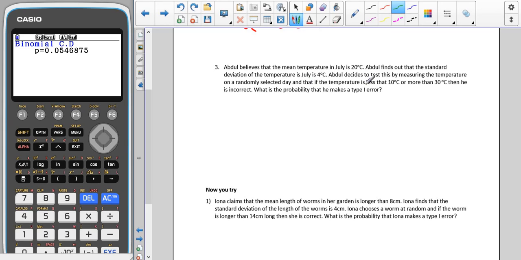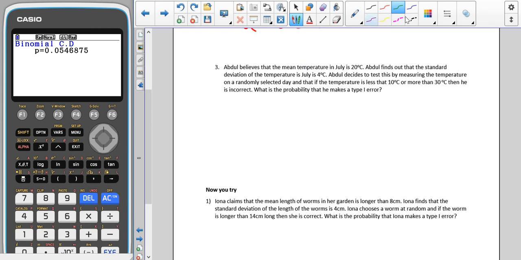And we're trying to find the probability that he makes a type 1 error. Now, this isn't a very good hypothesis test to do because he's just testing it on one day. If he tested it on more than one day, we would have to be using central limit theorem. So please bear that in mind, that you do have to still use central limit theorem.